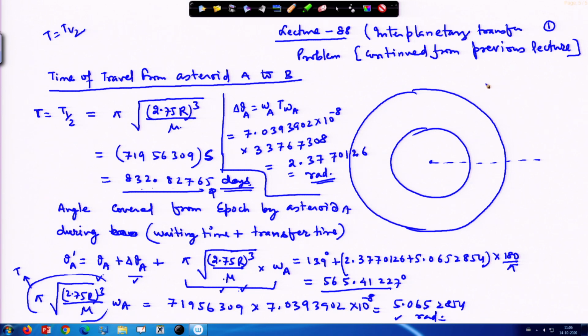So, what we have got here, theta A prime, this equal to 565.41227 degree. So, this is measured from the epoch. So, that means initially theta A was given to be 139 degree.